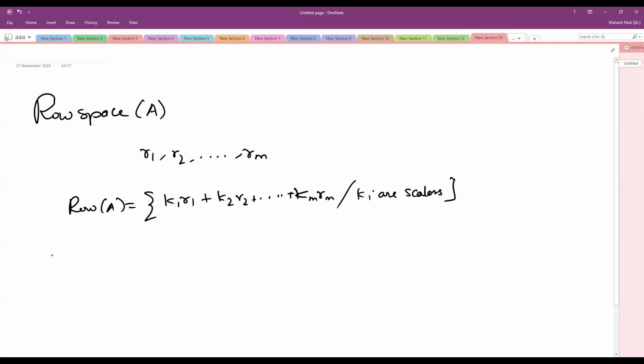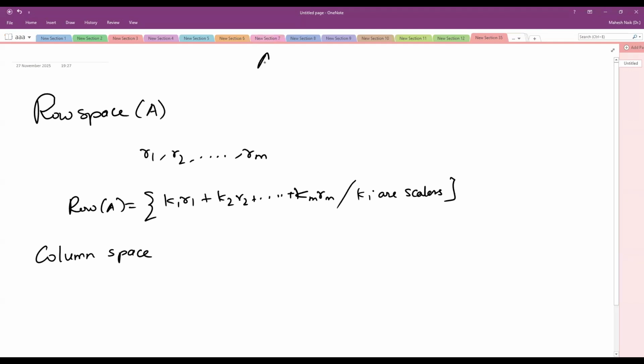Okay. Similarly, we can define column space, and the column space will be the linear combination of the columns. So row space will be a subspace of what?